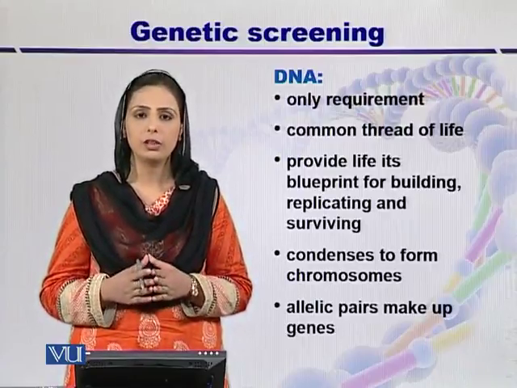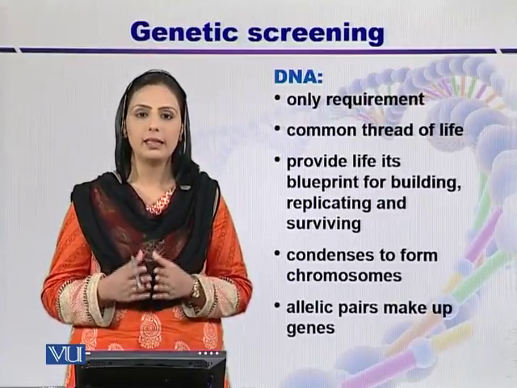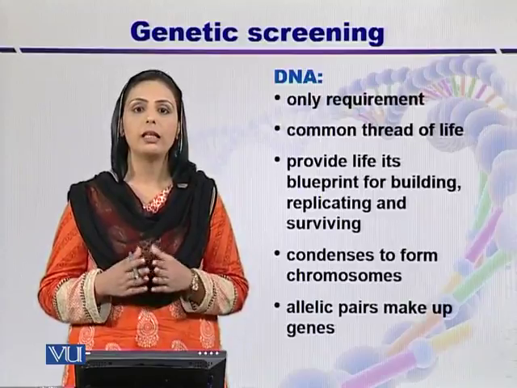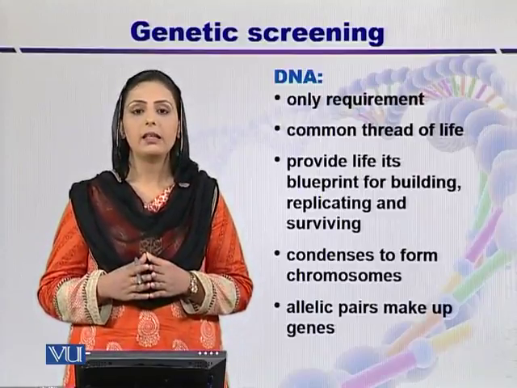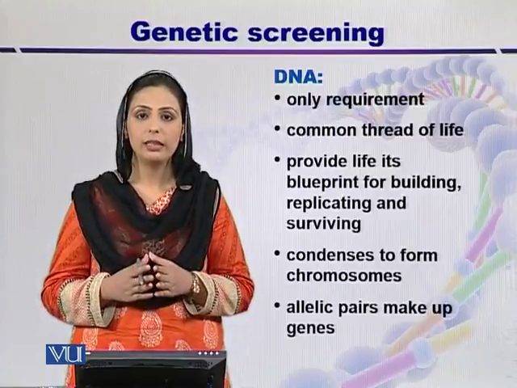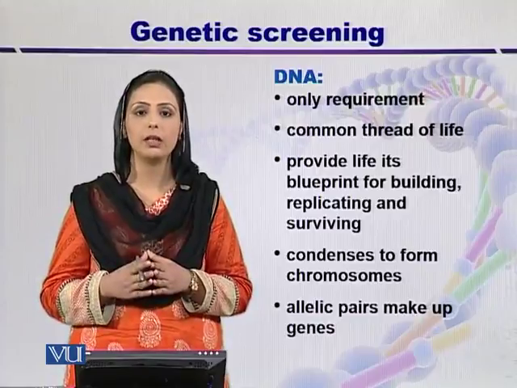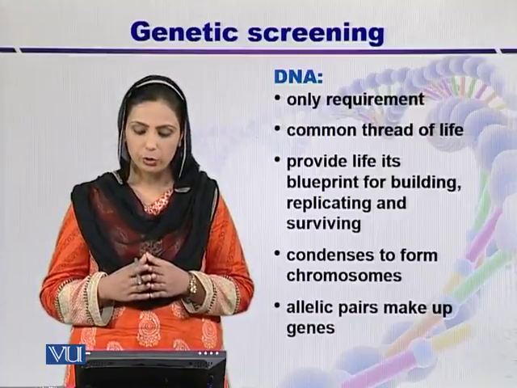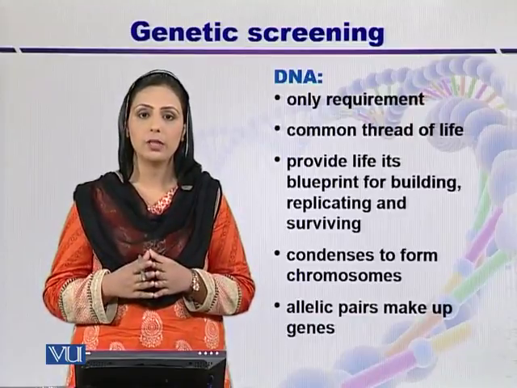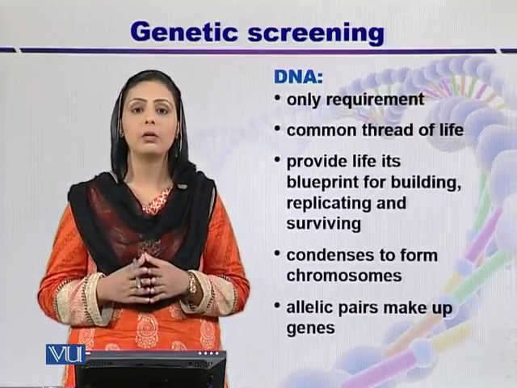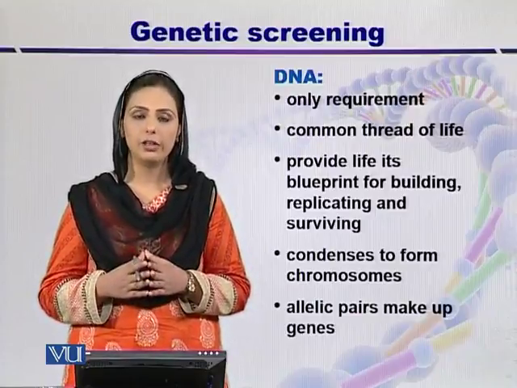Once we know the structure and function of the DNA, we can completely understand the essence of the human body. Now keep in mind that the structure of DNA consists of nucleotide base pairs, a phosphate group and deoxyribose sugar. DNA condenses to form chromosomes, and each chromosome has more than 100 genes.